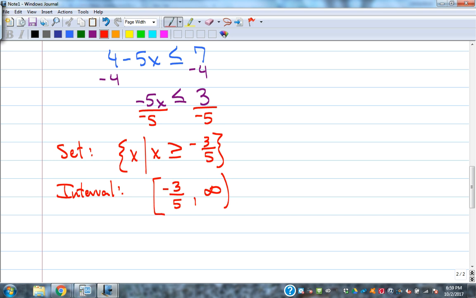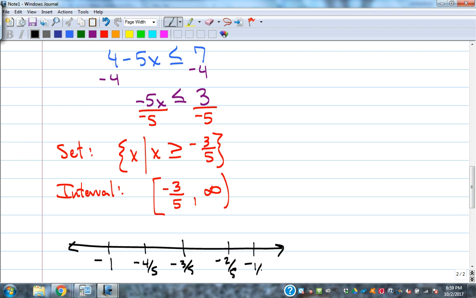I'm just trying to bridge away from doing the graph first every time. If you need to, that's okay. You can do that. Negative 3/5, negative 4/5, negative 1, negative 2/5, negative 1/5, 0.